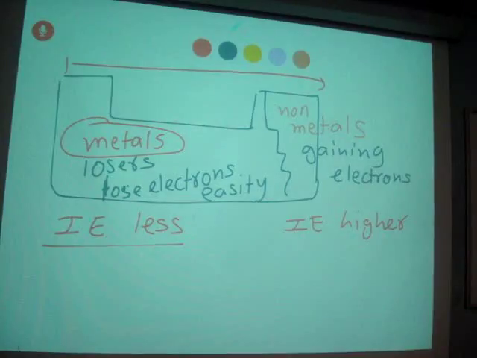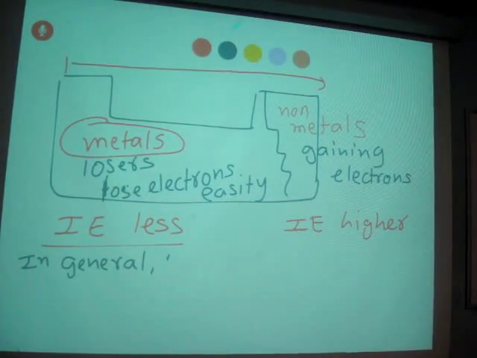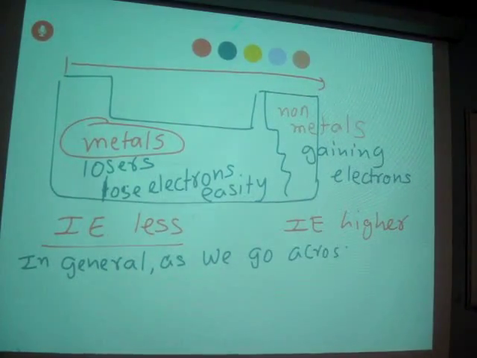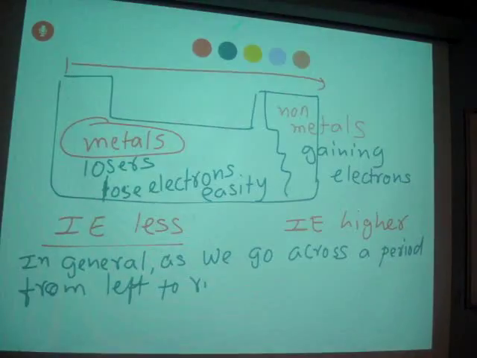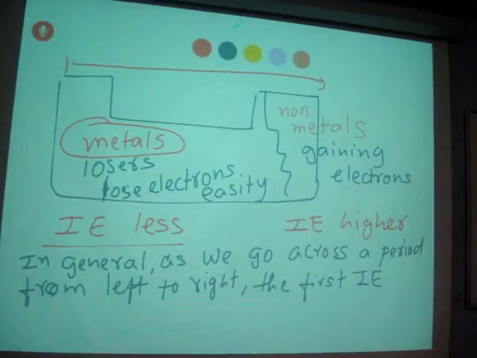So you can write that in general, as we go across a period from left to right, the first ionization energy, I'm going to write IE for ionization energy, increases.